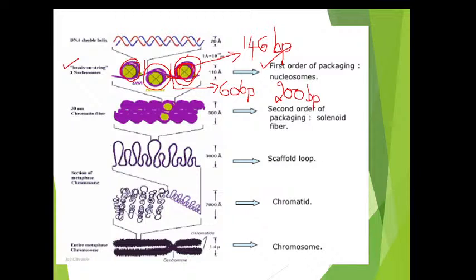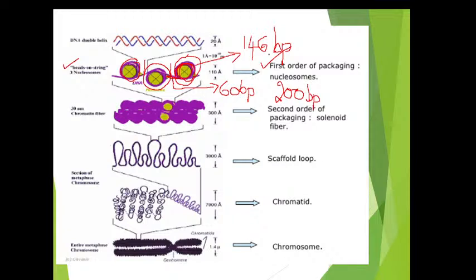Now, in between two nucleosomes, you can see a linker DNA. That means it links two octamers. And this linker DNA, how many base pairs are there? 60 base pairs. And in total, 146 base pairs plus 146 base pairs plus 60 base pairs form the 200 base pairs.